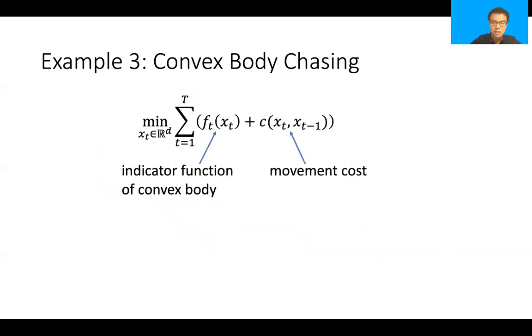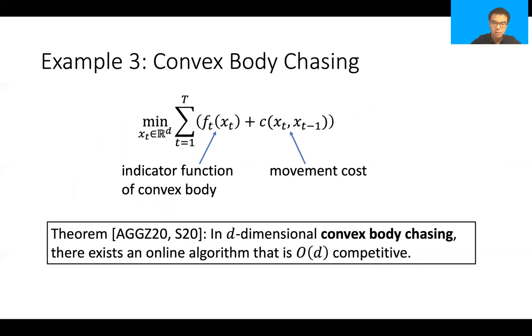This is a special case of online optimization with movement cost because we can set the hidden cost function to be the indicator function of the convex body Kt. Although the problem setting seems simple, this is a very hard problem, and only recently there have been some breakthroughs on the competitive ratio, but it is still linear in the number of dimensions. We will come back to this specific example later.